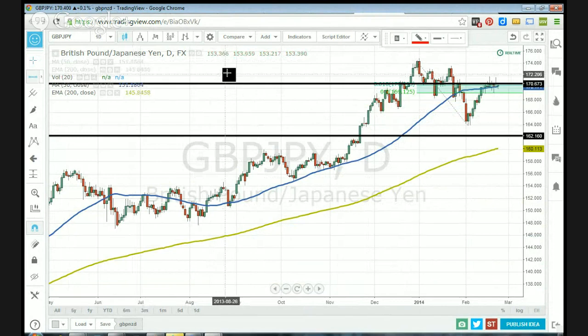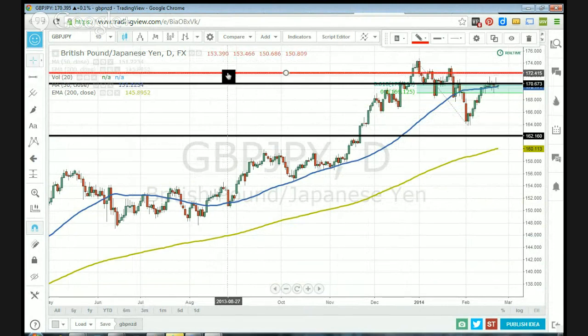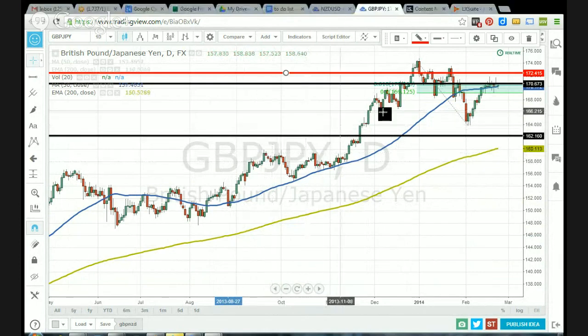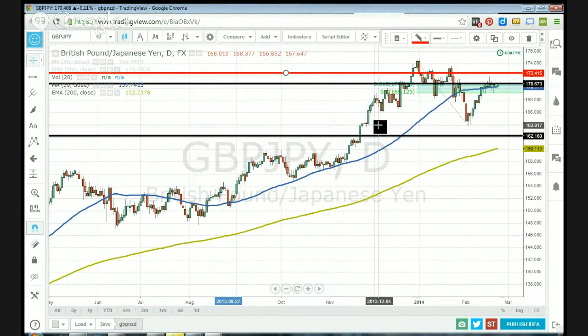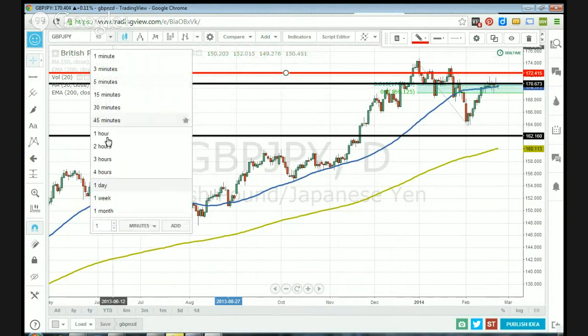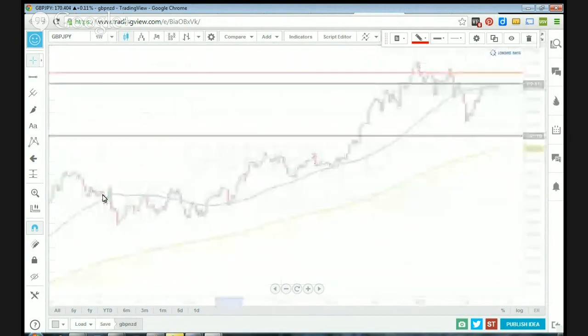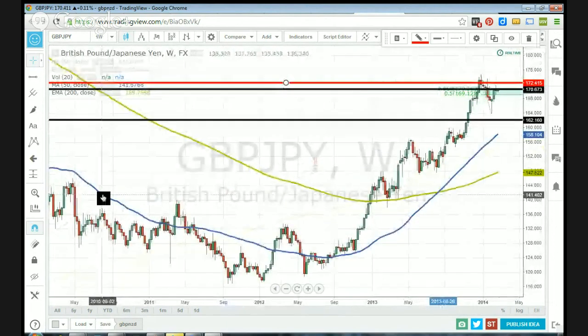I'd put it here. And I would put the profit target down to here. This still feels counter trend to me, and I don't want to do counter trend at this time. Yeah. Okay. So I'm going to hold off on this.